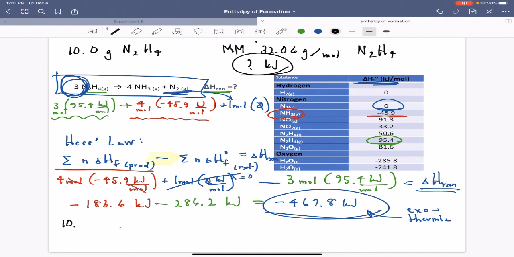So it begins like any other stoichiometry problem. 10 grams of this reactant. I use the molar mass to convert to how many moles of that reactant we have.